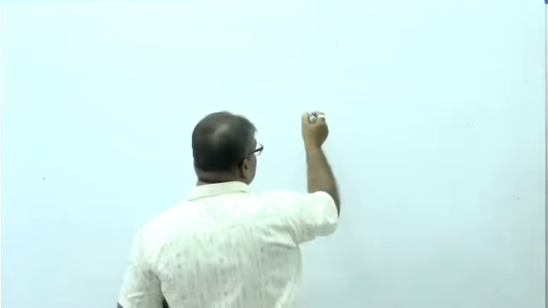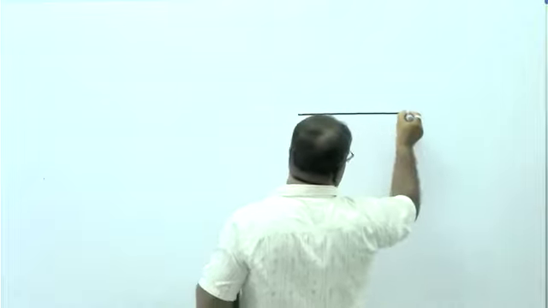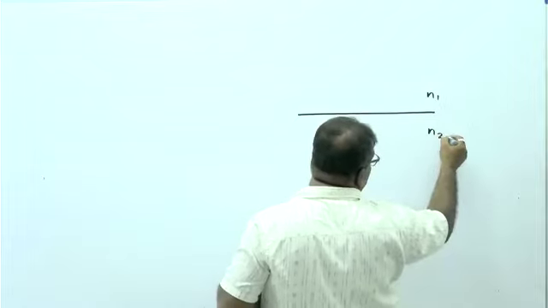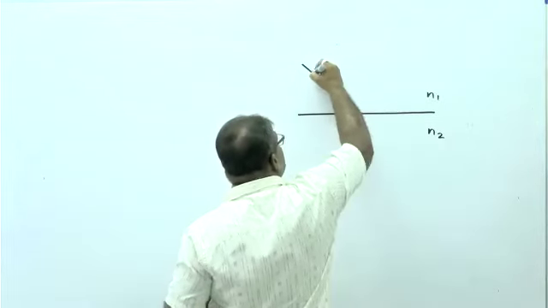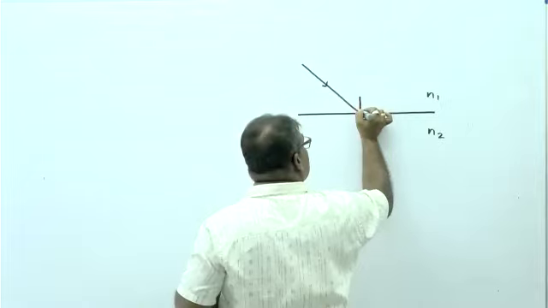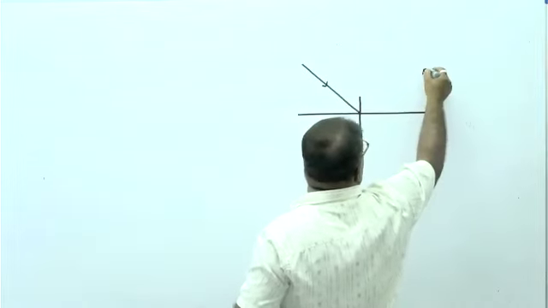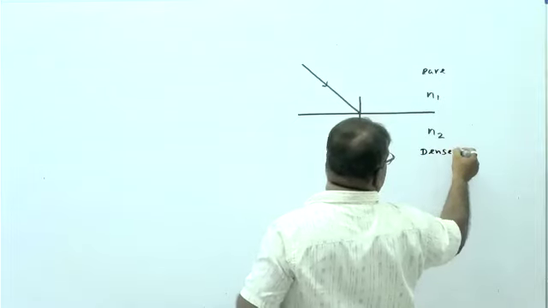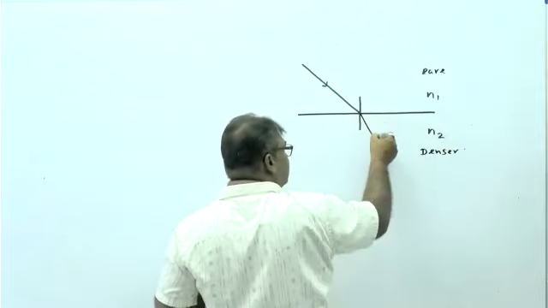It's like this. Here we have a medium of refractive index N1, here N2. A light ray hits like this. If this is a rare medium and here a denser medium, the light ray bends towards the normal, right?